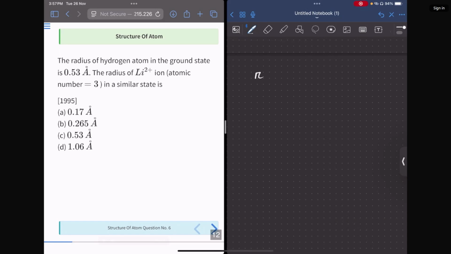R is equal to R1 divided by Z. It is for the first orbit of any ion other than hydrogen having only one electron.